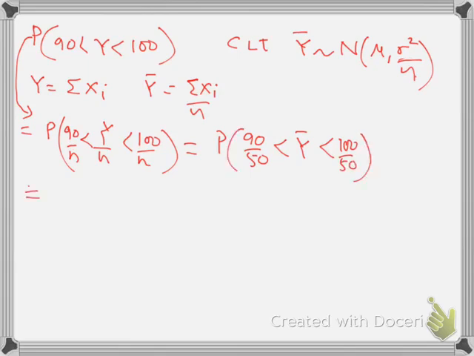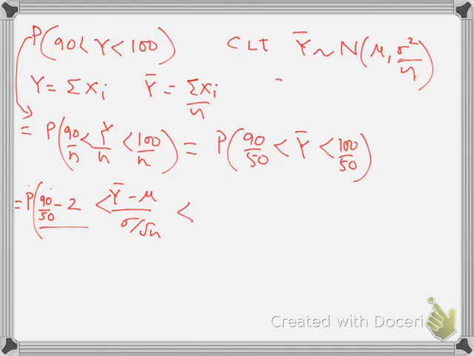Now I can just standardize it. So Y bar minus mu divided by sigma over square root of n is between, we need more space, sorry. So it is equal to probability of 90 divided by 50 minus mu, which is expected value of Y bar, mu, which is equal to 2, over sigma.